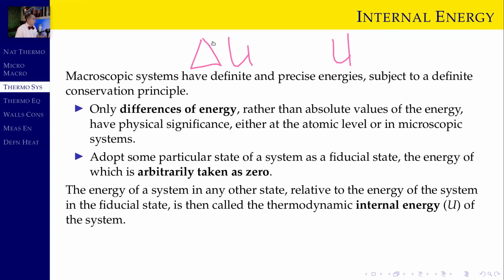We have to compare the internal energy, or enthalpy even, or Gibbs energy, with a reference system, and comparing it with a reference system is called delta U. You can say that this is a mathematical trick. We take the reference system to be arbitrarily 0. But please take note that even though we say delta U is equal to that, as if we are not comparing it to something, we actually are comparing it to something.